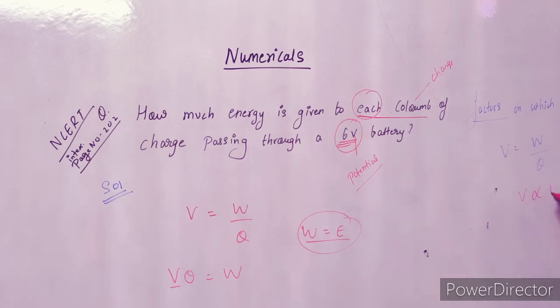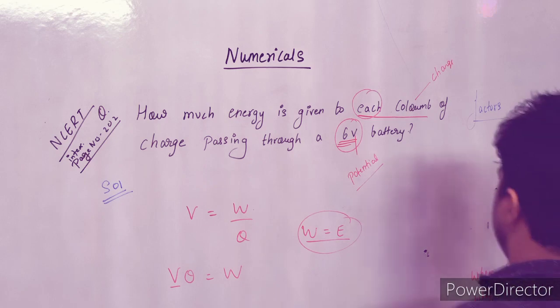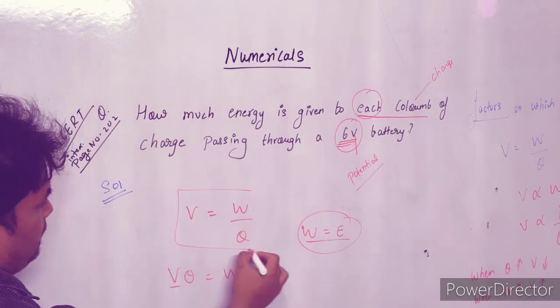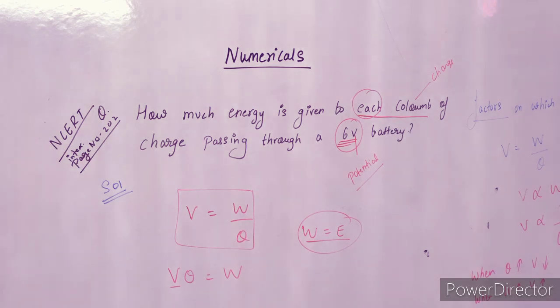V is directly proportional to W, V is inversely proportional to Q. So when Q increases, V decreases. When W increases, V increases. This is the relation, and it is simply the formula V equals W by Q.